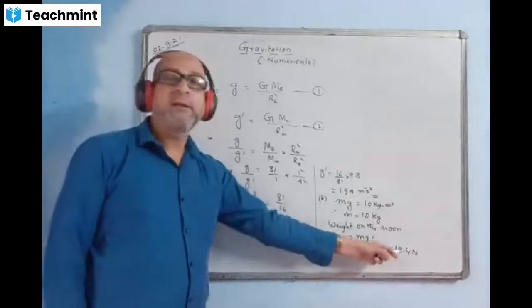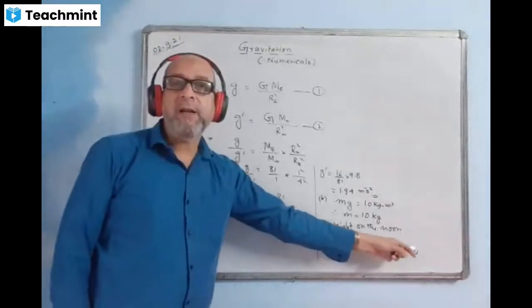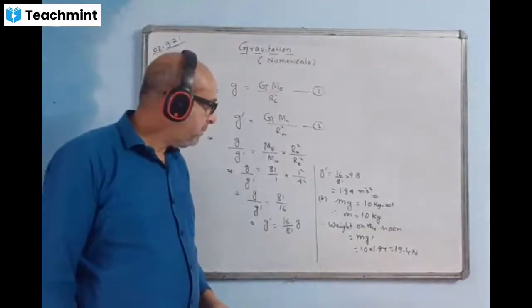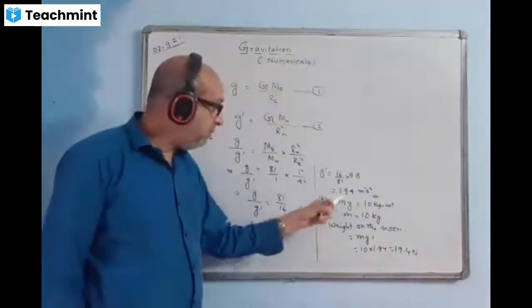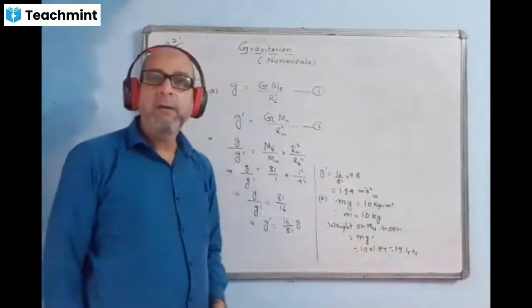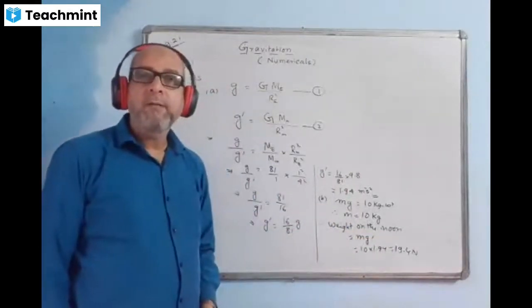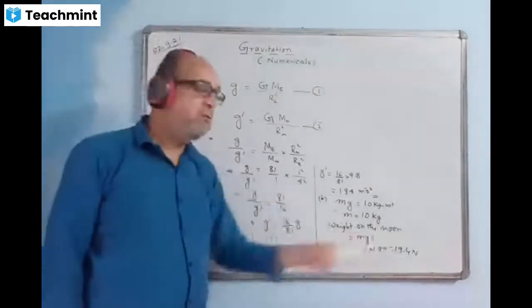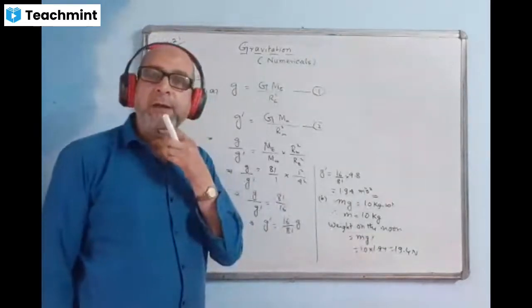If you want to change this answer into kg weight, you have to divide by the value of g. And what is the value of g? The value of g is 9.8. You divide by 9.8, you get that answer. 1 kg weight is equal to 9.8 Newton. If you change this into kg weight, you can divide by 9.8.